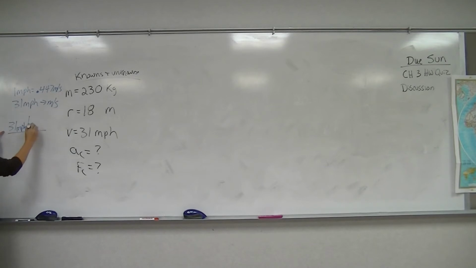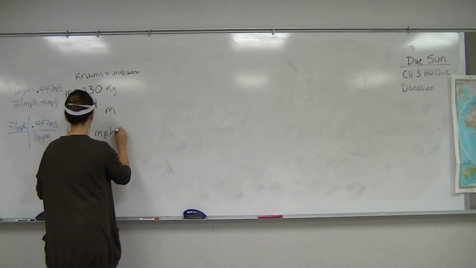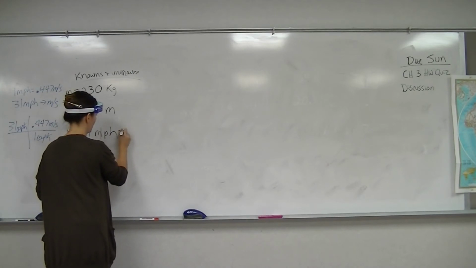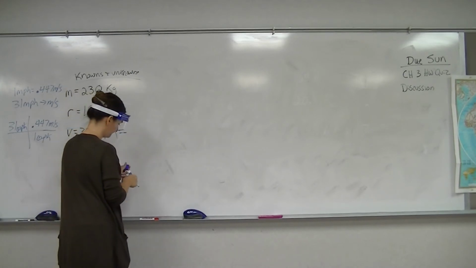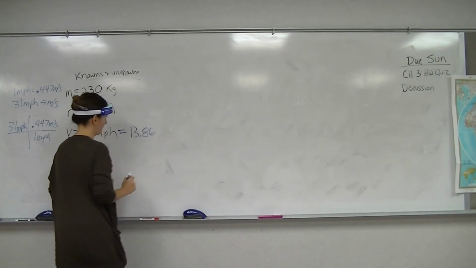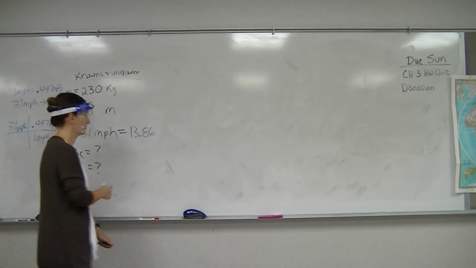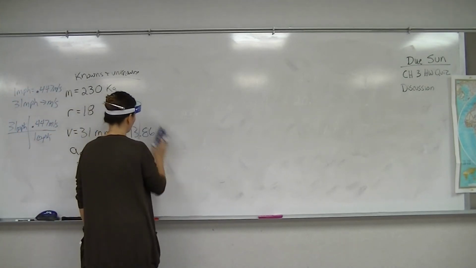So to convert, you're multiplying by 0.447. So what is 31 multiplied by 0.447? 13.86. Do you want 3 decimals for most accurate? Yeah, if it goes up 3, please. 13.857.